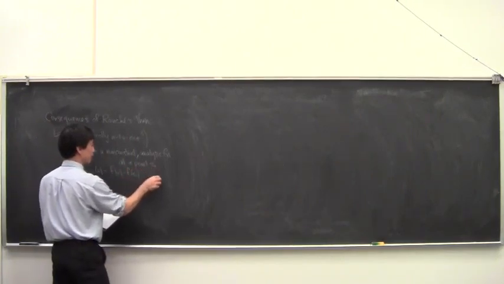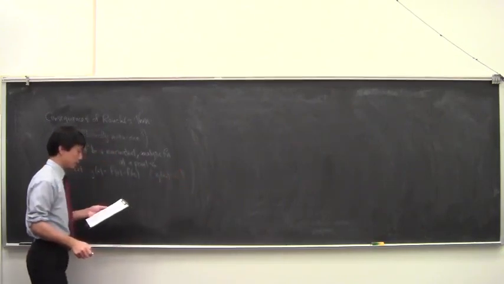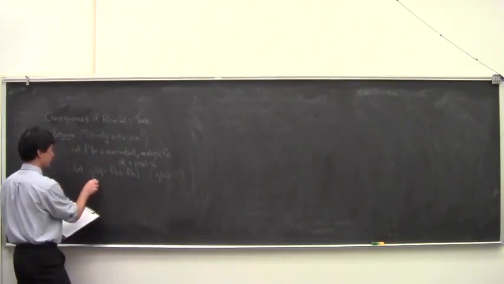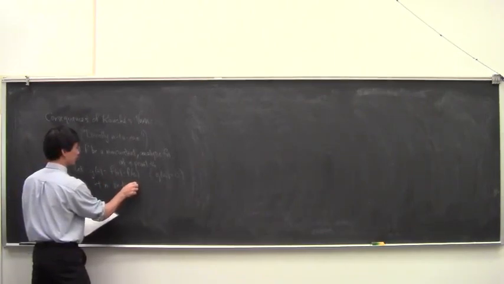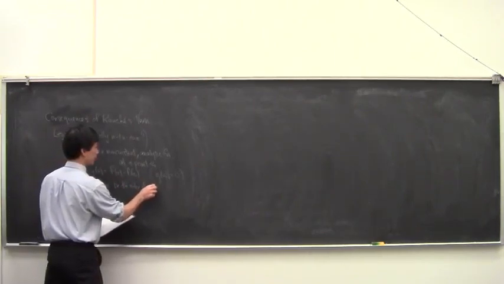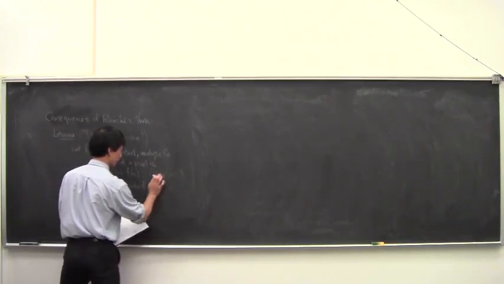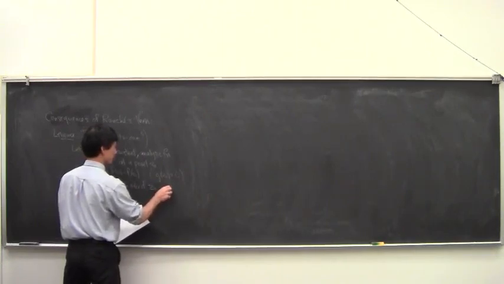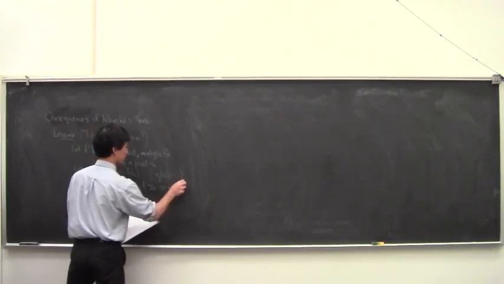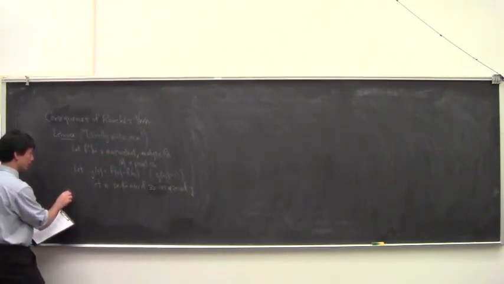Of course, G of Z0 is 0. Let n be the order of the zero. Then something amazing happens.